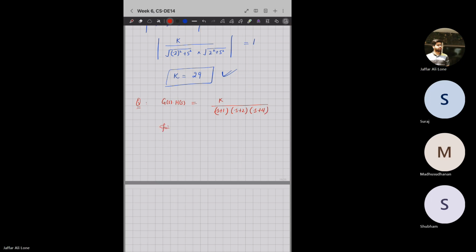Find whether the point s equal to minus 1 plus j root 3 lies on the root locus or not, and also determine k. Please, everyone, please solve it.